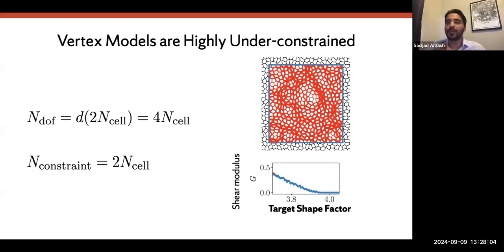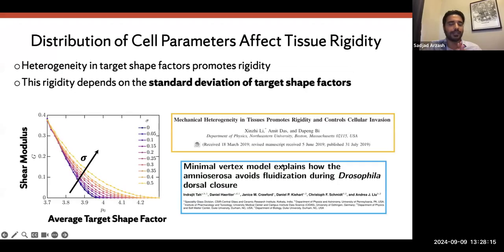I would like to talk about this later if that's okay, since I'm going to go through the slides, but that's really a great point. And so basically, I talked about this rigidity transition versus the shape factor as one parameter, but there is some nice work out there that shows not only the average shape factor is important, but also the anisotropy of these shape factors is important.